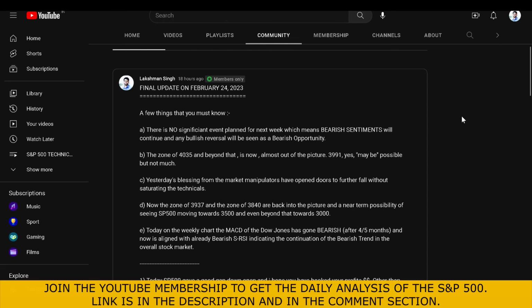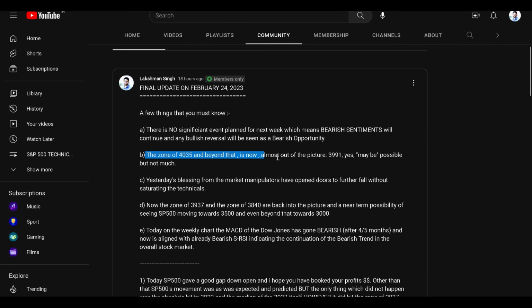So guys, again, I need you to remember these things. There is no significant event planned for next week, which means bearish sentiment. The zone of 4035 and beyond is now almost out of the picture. The market manipulators have stopped the S&P 500 from hitting the absolute critical technicals.